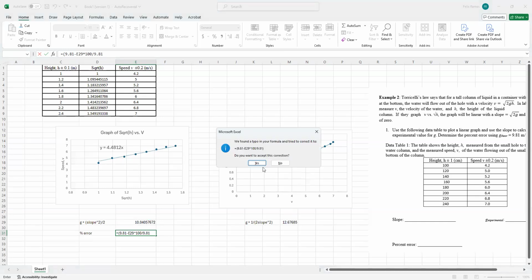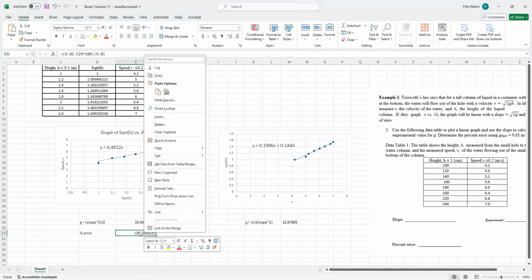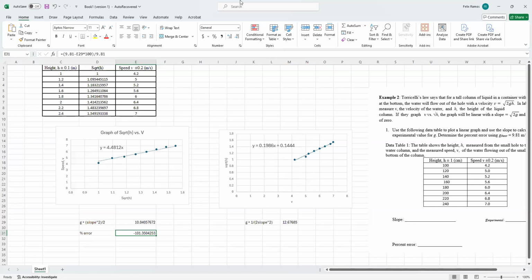Now, oh, there is something wrong here. Yeah, I was missing a parenthesis. I'm sorry, I was missing a parenthesis here. Let me close this parenthesis. Oh, no, wait. Let me double check.